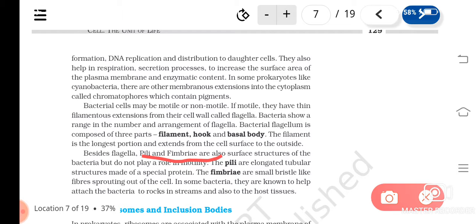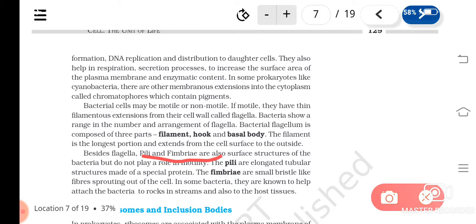Understood? So this you can see in some bacteria, and their function is to get attached to the substratum. If the bacteria are found in water bodies, they can attach to rocks, or to the host cells if they are parasites.